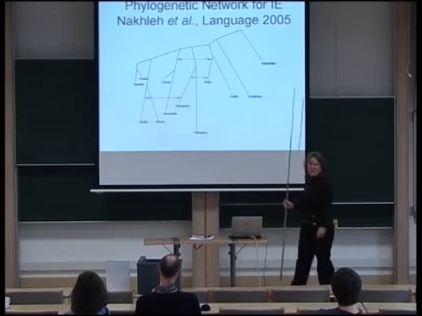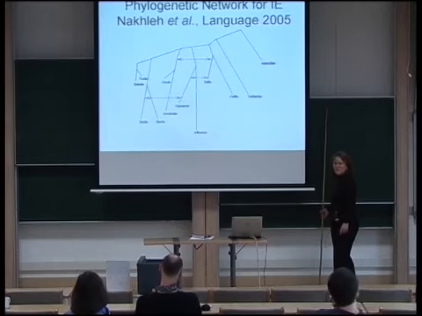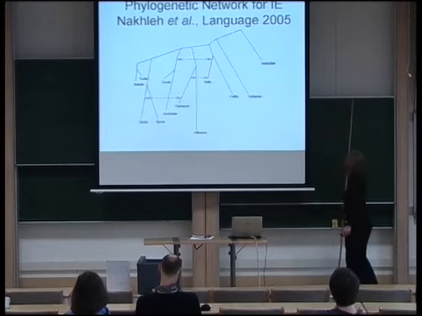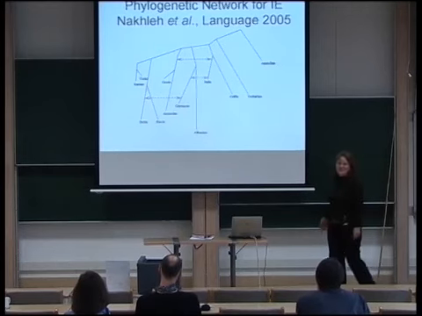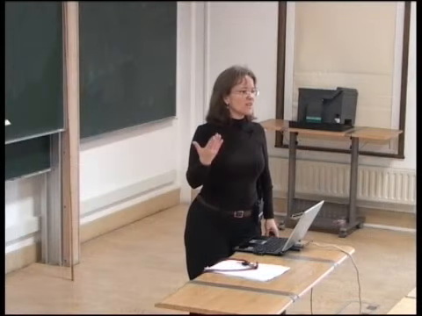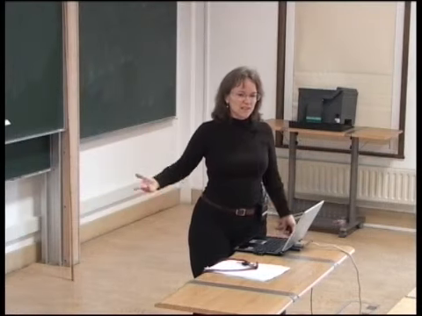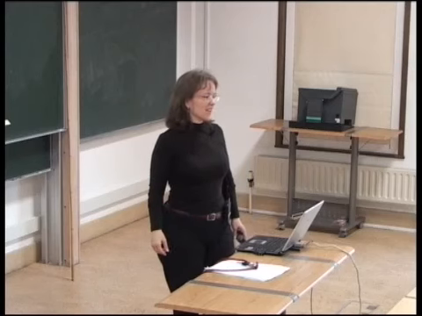These borrowing edges, the contact edges, represent times at which the speech communities are in contact with each other, sufficient to allow for exchange of linguistic material in such a way as to not be obviously borrowed. There's a lot that is actually obviously borrowed in languages. For example, the word television.